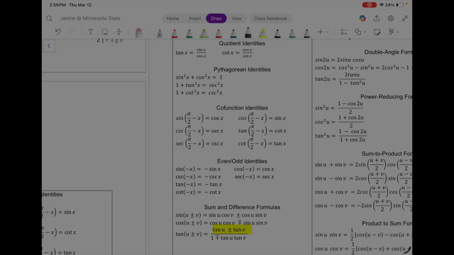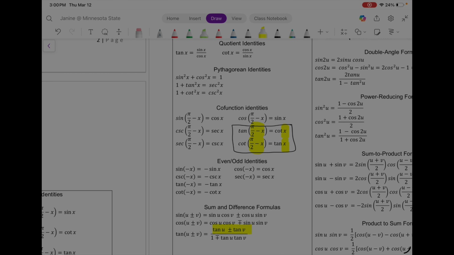When we were learning these identities, tangent and cotangent were cofunctions of each other, and they were equivalent as long as the angles in here were complements, which means they add up to 90 degrees, or in radians, they add up to pi over 2.